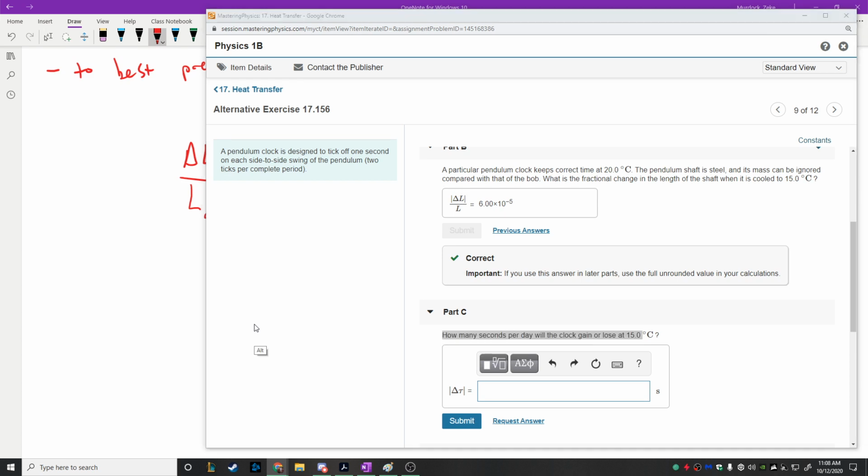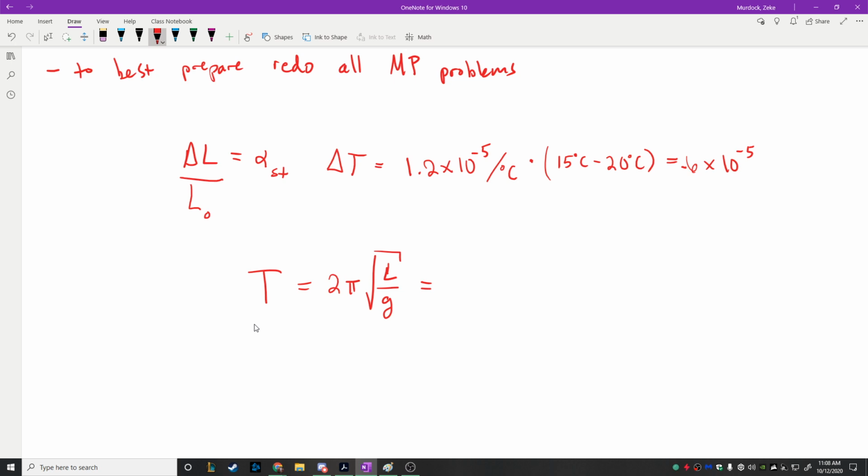Seconds per day. So the period of the pendulum would be this. We don't know what the length is, but we want to know. That's what we know, is that the change in length is this.